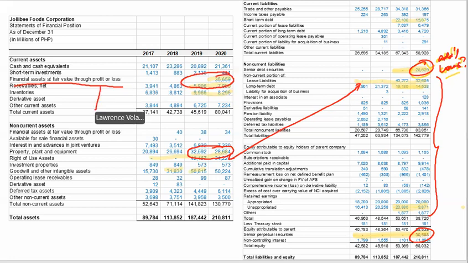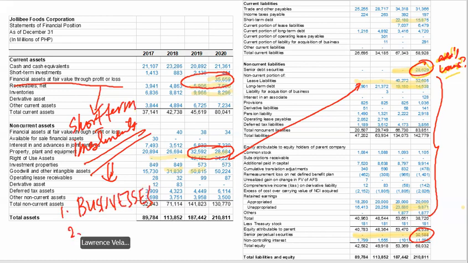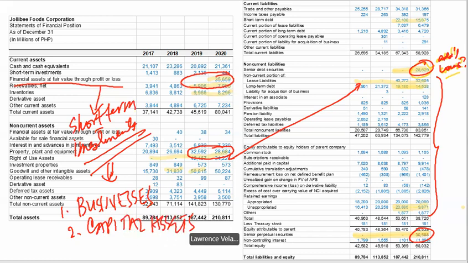Right? These are short-term investments only, right? That's what you learned in 99.2. These are not business investments in businesses or investments in capital assets or fixed assets.